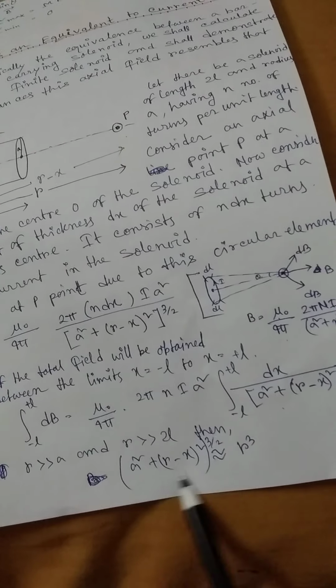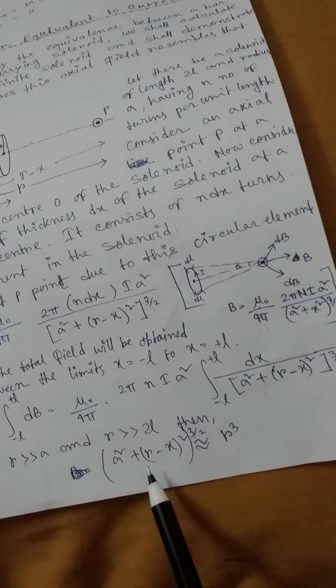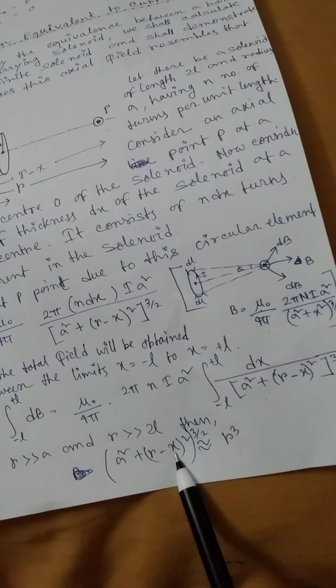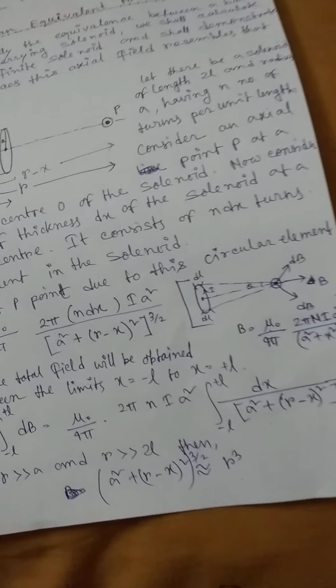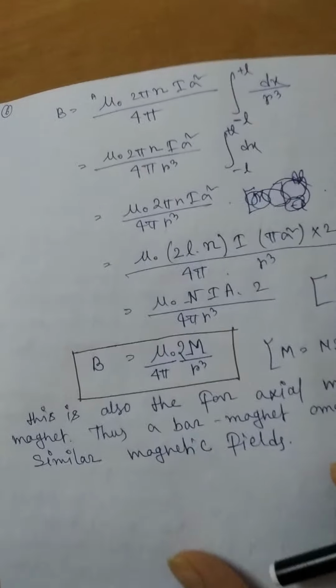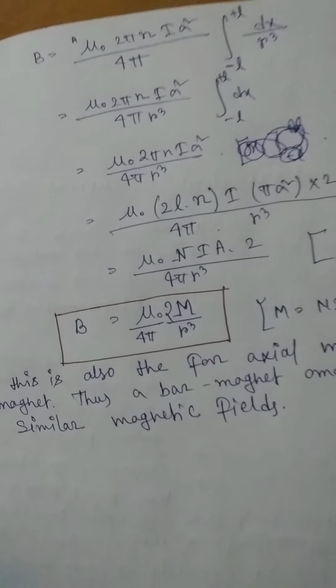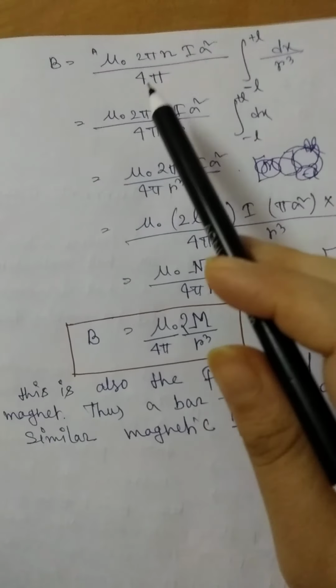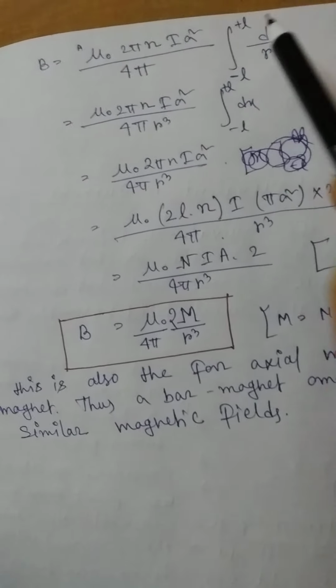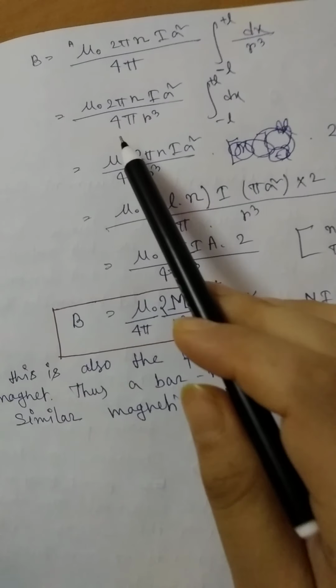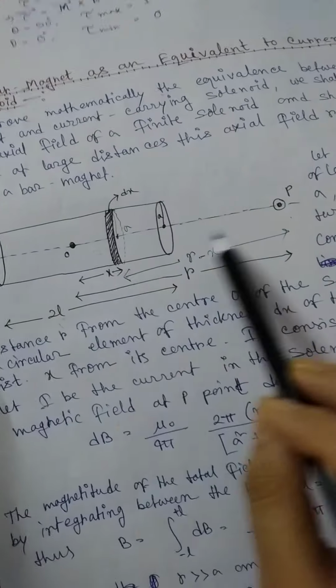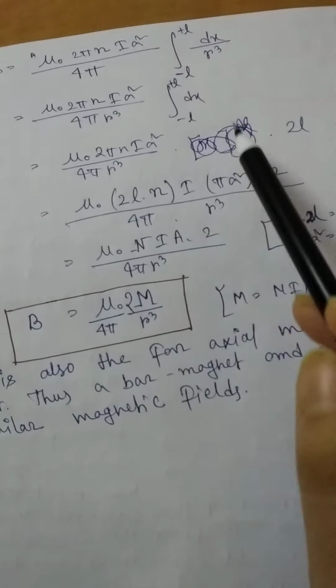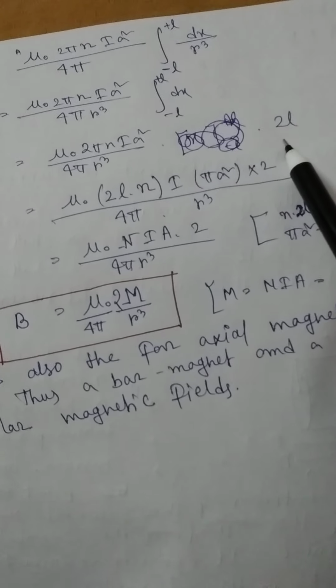That means this term will be r cube, because a and x become negligible compared to r. So B equals mu naught 2 pi n I a square by 4 pi, integration from minus L to plus L of dx by r cube. r is also constant because r does not change, only x varies, so r also comes out of the integral. If we integrate this, we get 2l.